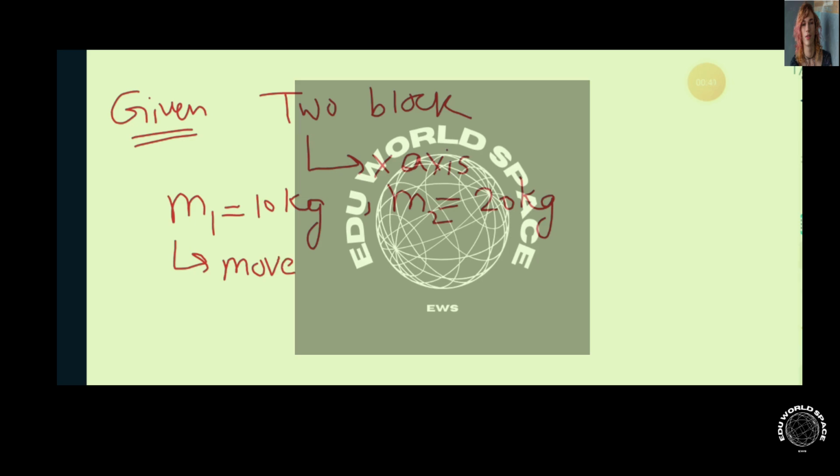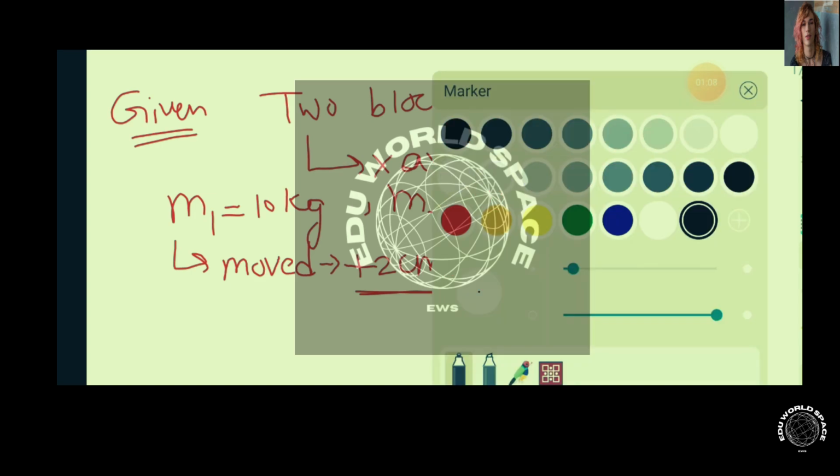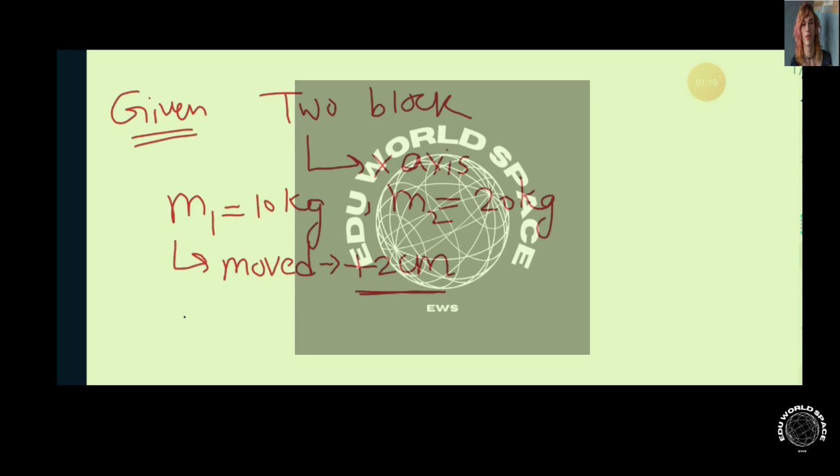So it means it has changed its position by going in the positive x direction by 2 centimeter. Now in the question it is saying that we have to find by what distance the second mass should be moved to keep the position of center of mass unchanged.